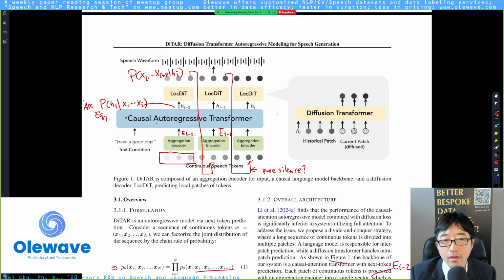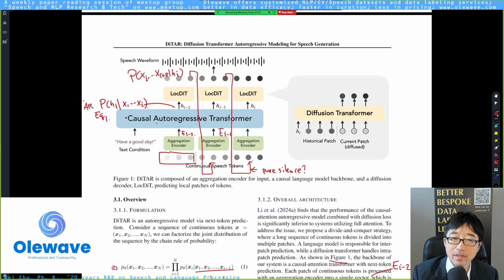So they smartly use the causal autoregressive transformer to get these hidden embeddings or conditional vector H through streamingly processing the speech data, and then use this hidden vector H to generate patch after patch.